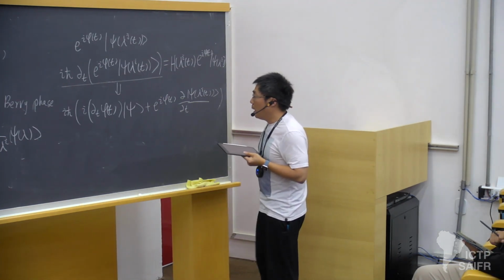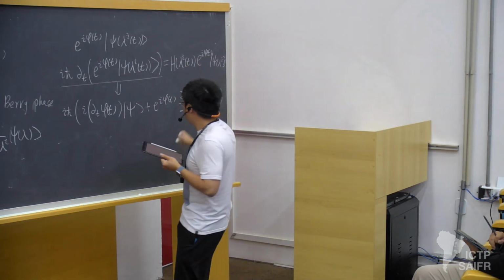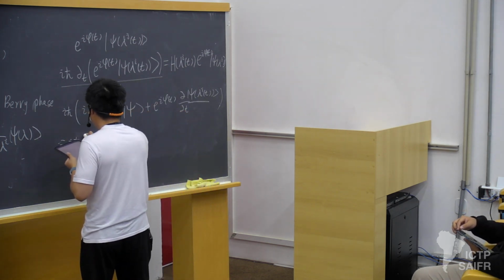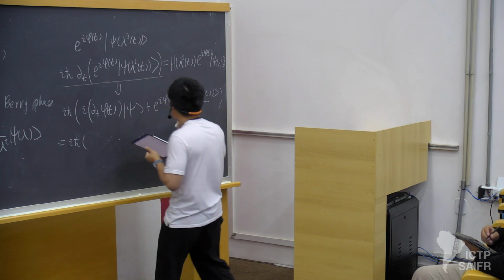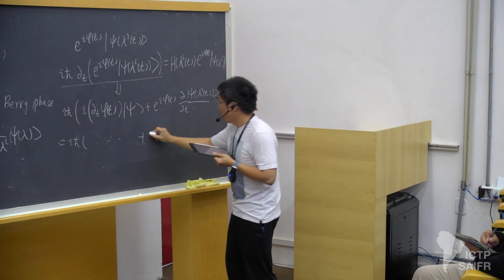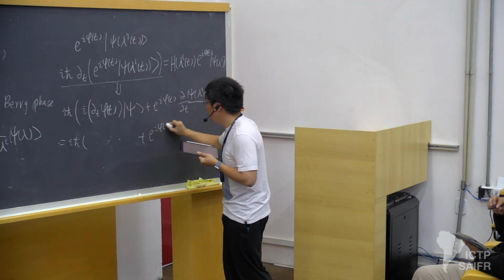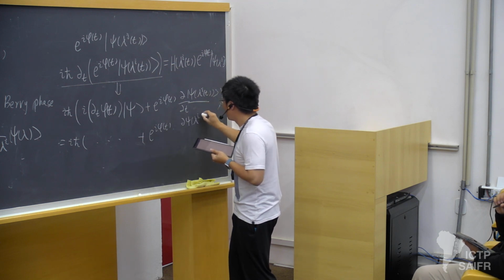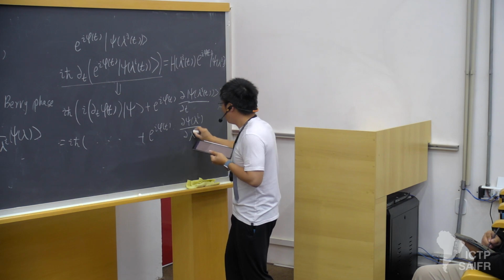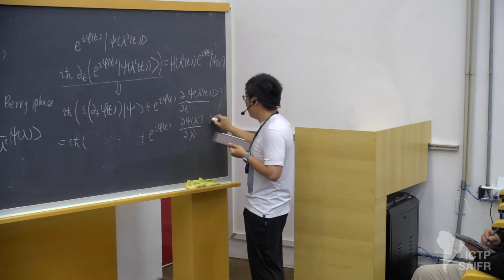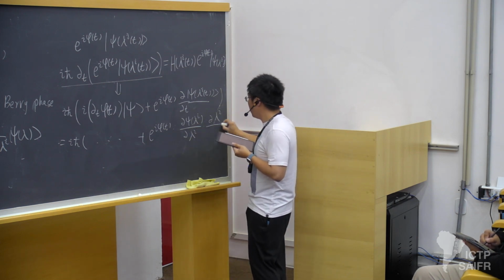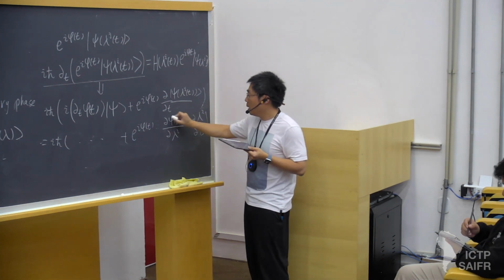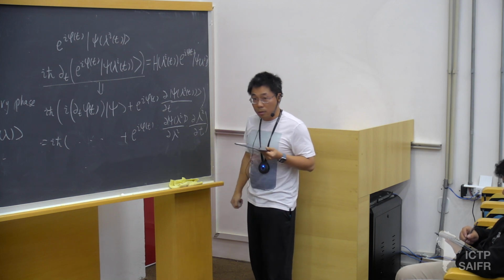And we can further change this term to partial lambda i, and then we do a partial of lambda i with respect to t. That's what we can have.